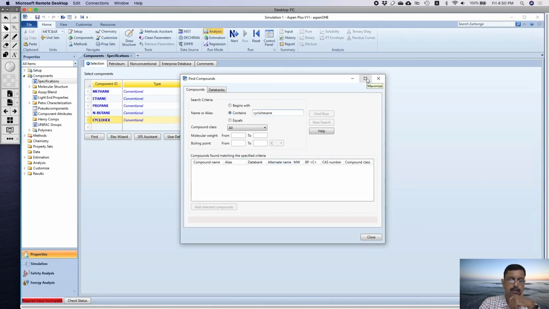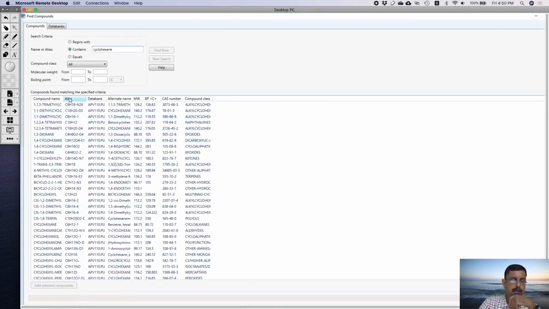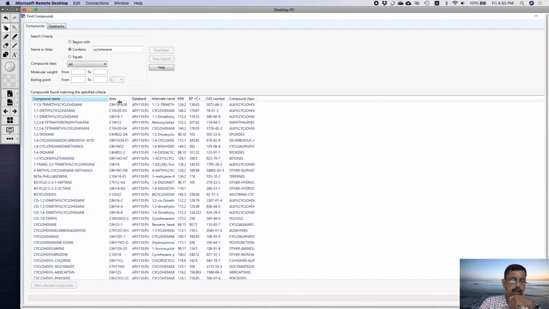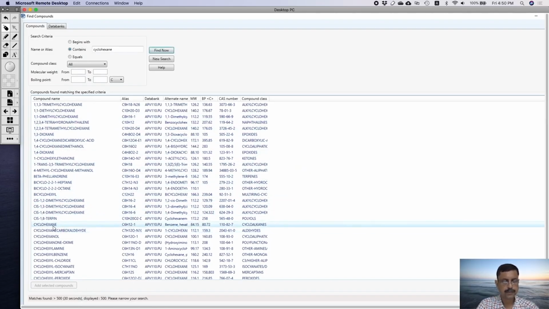Yes, now it has searched so many items which are similar to the term cyclohexane that we have written. Okay, now this is the one which we are looking for, C6H12. So we will say add selected compound.